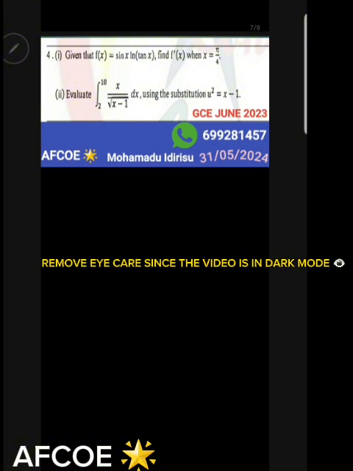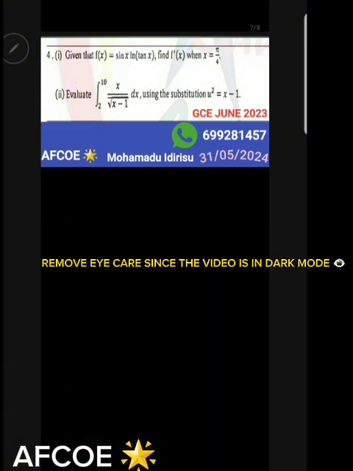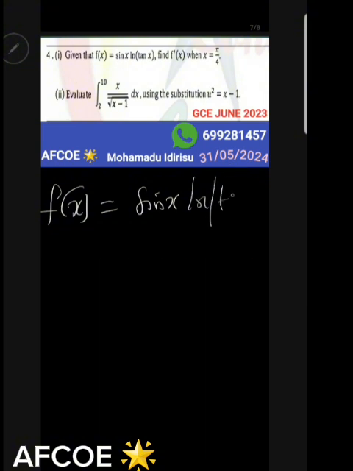Okay, what we have been given is that f of x is a product of two functions, so we can use one of the techniques of differentiation, which is the product rule. When you have a product of two functions, you can apply the product rule to find the derivative.